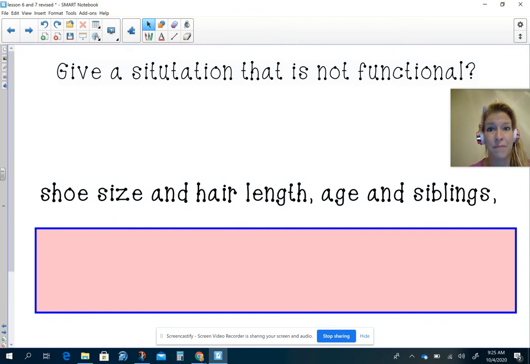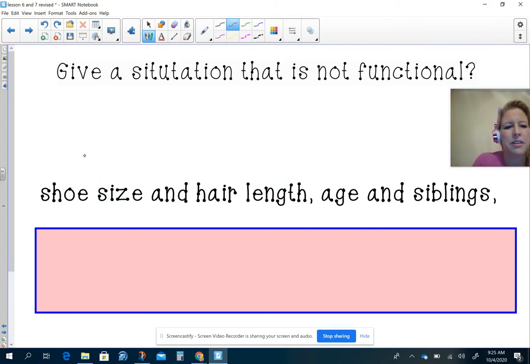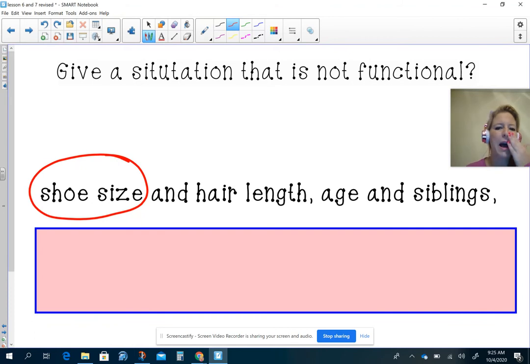A lot of them, right? And their hair length, but it's the input. I need one output for each input. So my inputs cannot repeat.